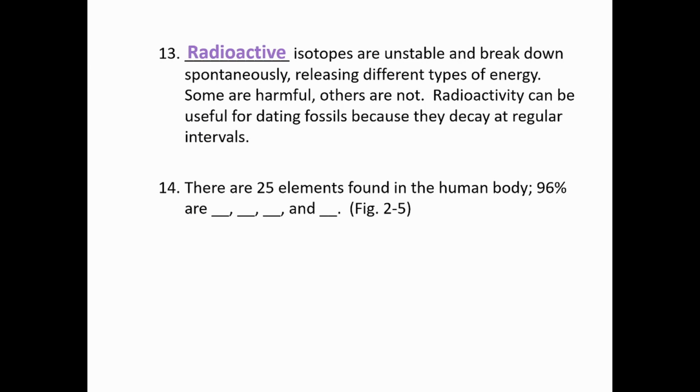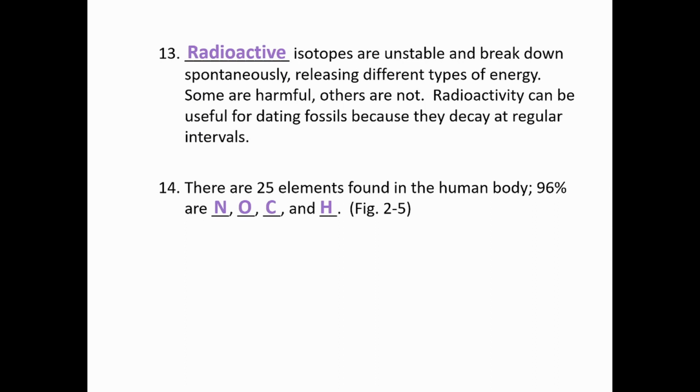Right, moving on, there's about 25 elements that we find within the human body. So, looking at that whole periodic table, we don't see everything in the human body or in living things. Like those lanthanides and the actinides, we're not going to see those in the human body. And most of what makes you you, 96% of it comes from 4 elements: nitrogen, oxygen, carbon, and hydrogen. 96%.